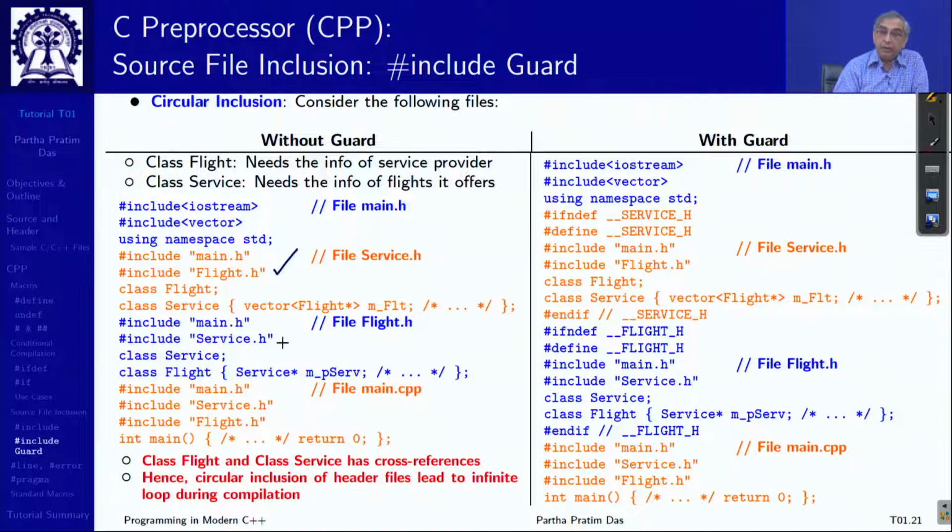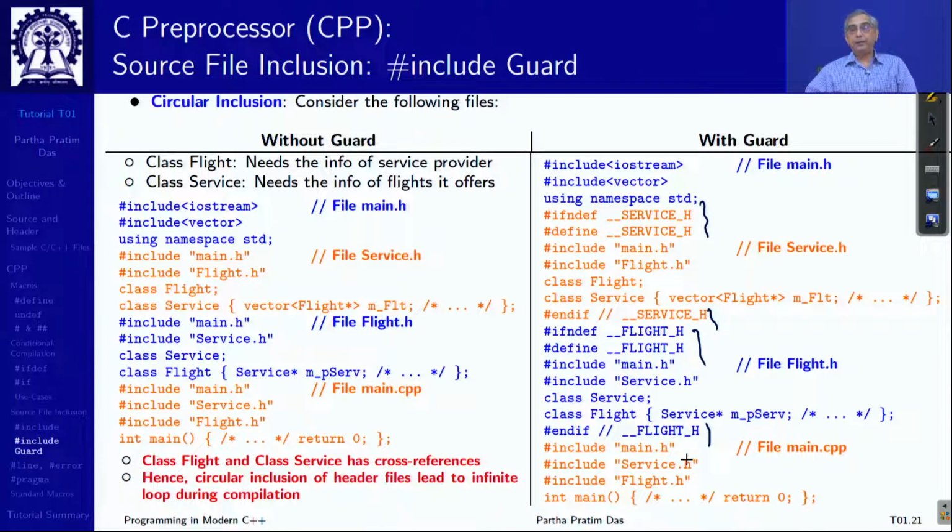So, you include this code, you try to include service dot h, you go back, try to include flight dot h, come back, try to include service dot h, indefinite circular inclusions. These are common pitfalls to have, that is the experience you will live.